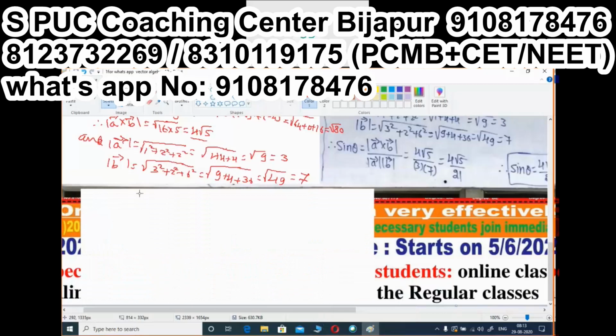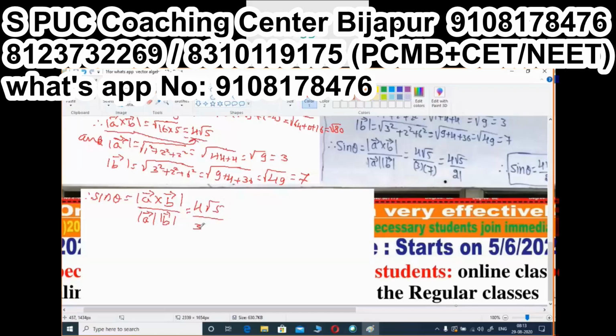So let us write that formula once again. Therefore, sin theta is equal to modulus of a vector cross b vector divided by modulus of a modulus of b, which is equal to, as you obtained, modulus of a cross b as 4 root 5, divided by modulus of a, which you obtained as 3.